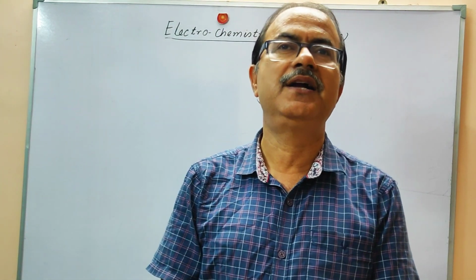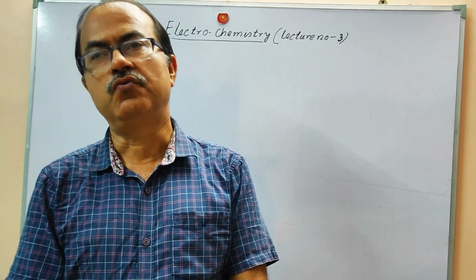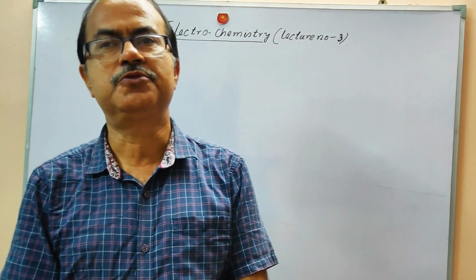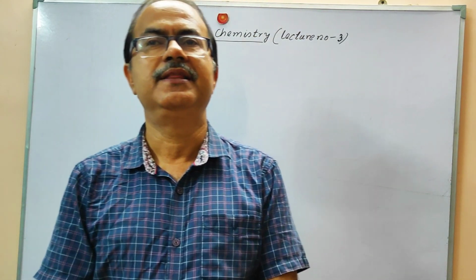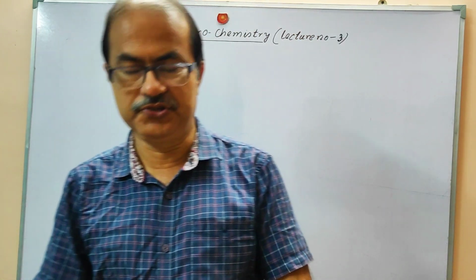And third, we discussed how to calculate the electrode potential with respect to the standard hydrogen electrode. Again, in this lecture, a very important thing that we are going to discuss is the electrochemical series.